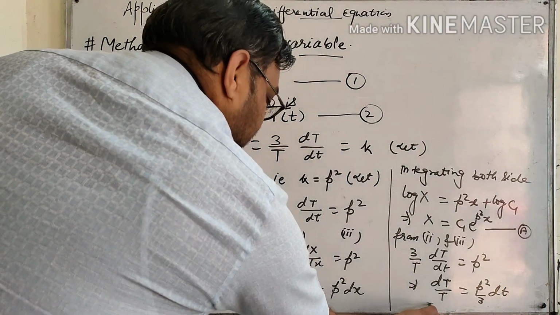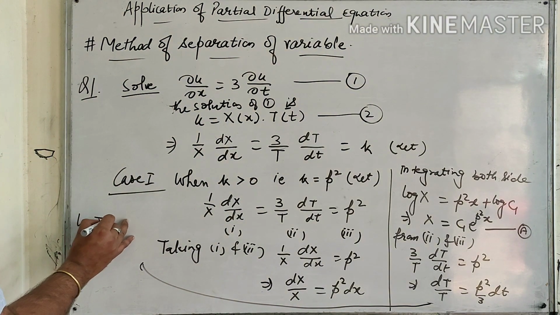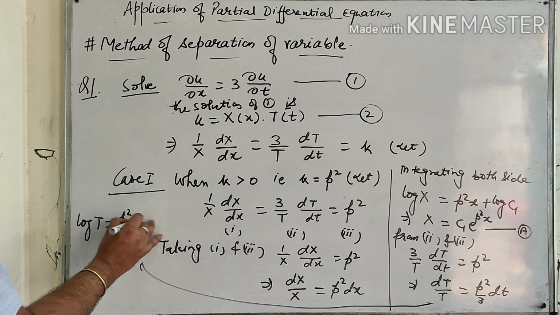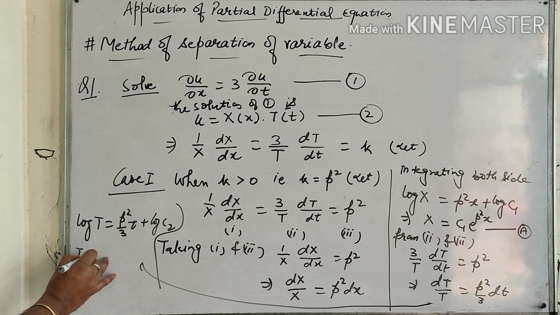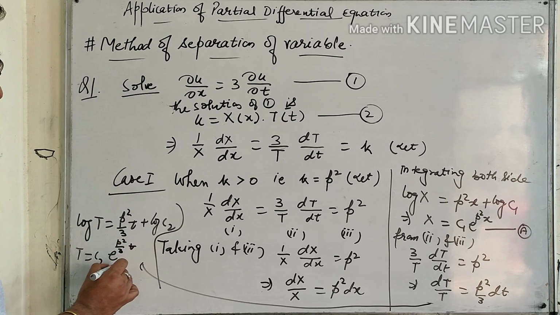Here after integration, what do we get? Log T equals (p square by 3) t plus log c2, or T can be written as c2 e raised to power (p square by 3)t.